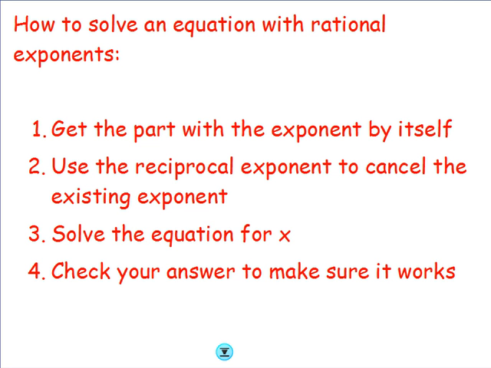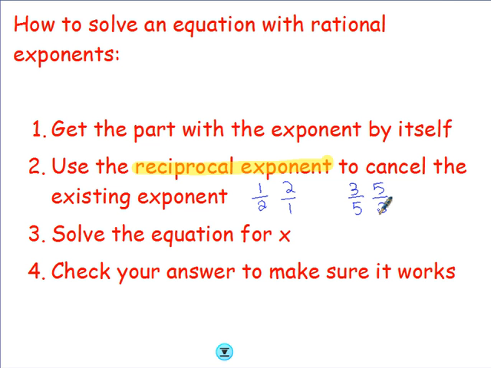This time, to cancel out an exponent, and this is important, we use the reciprocal exponent. For example, if the starting exponent was 1/2, we would use 2/1. If the starting exponent was 3/5, we would use 5/3. Hopefully you understand what I'm explaining there.